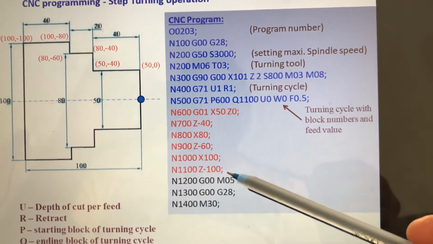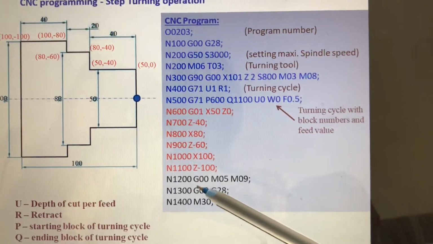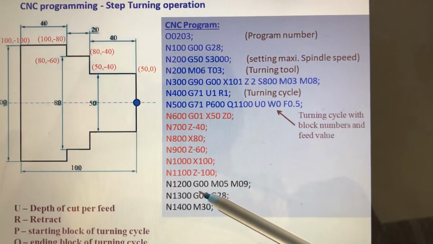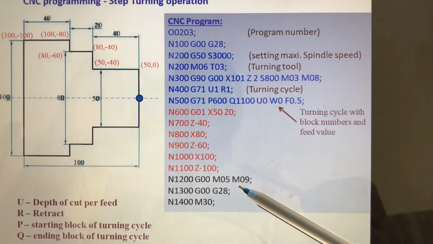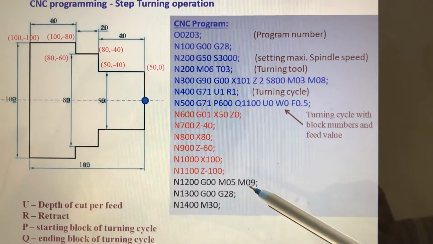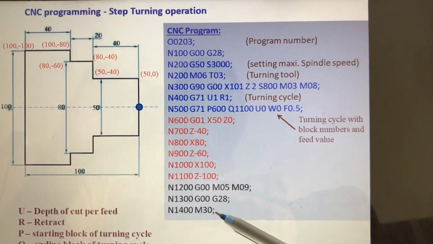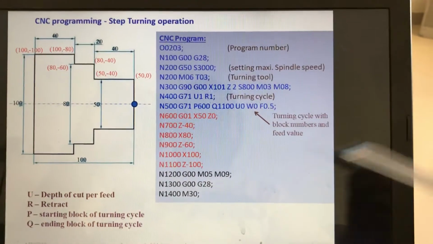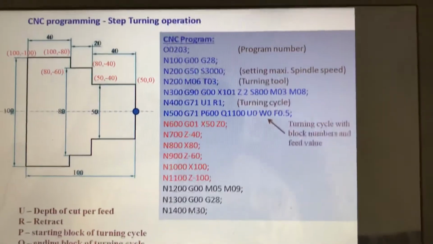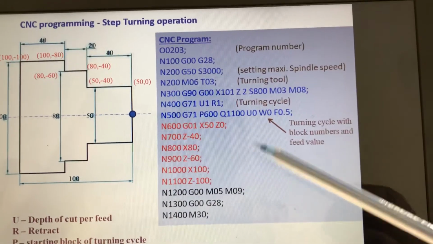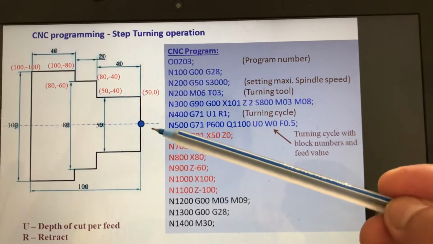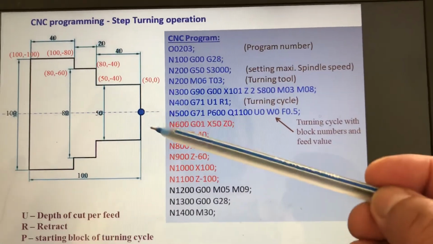After giving all coordinate points, as usual, we are not cutting, so G00, M05 and M09: stop the spindle, stop the coolant, go to home point, end program. So this is about CNC turning operations. In turning operation, the main thing is we have only two axes, Z axis and X axis.